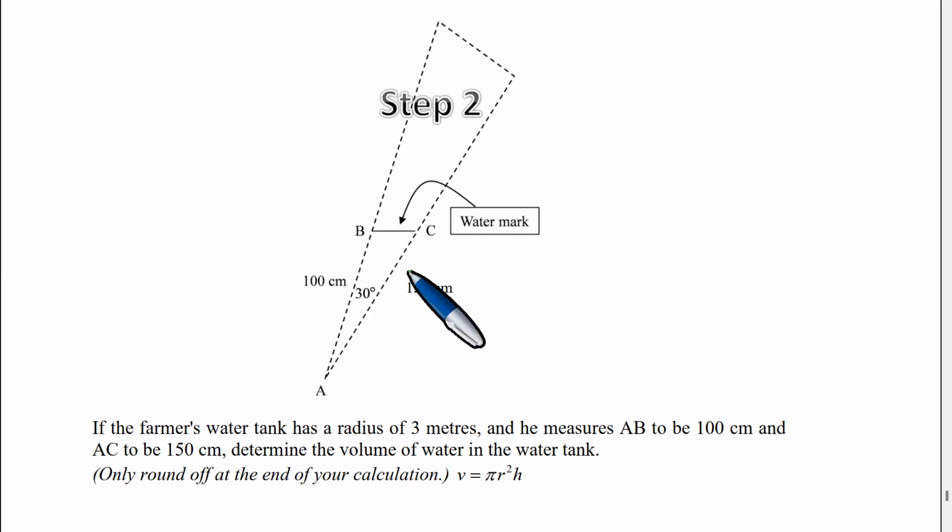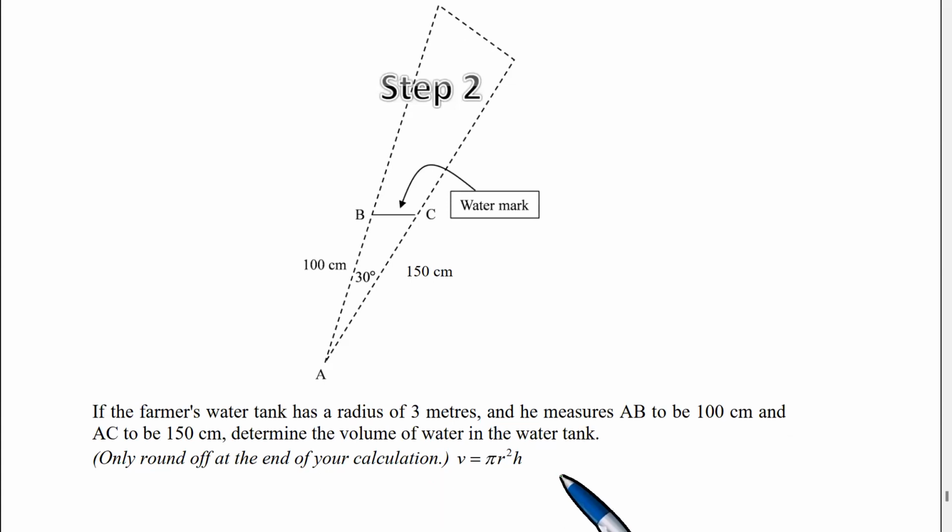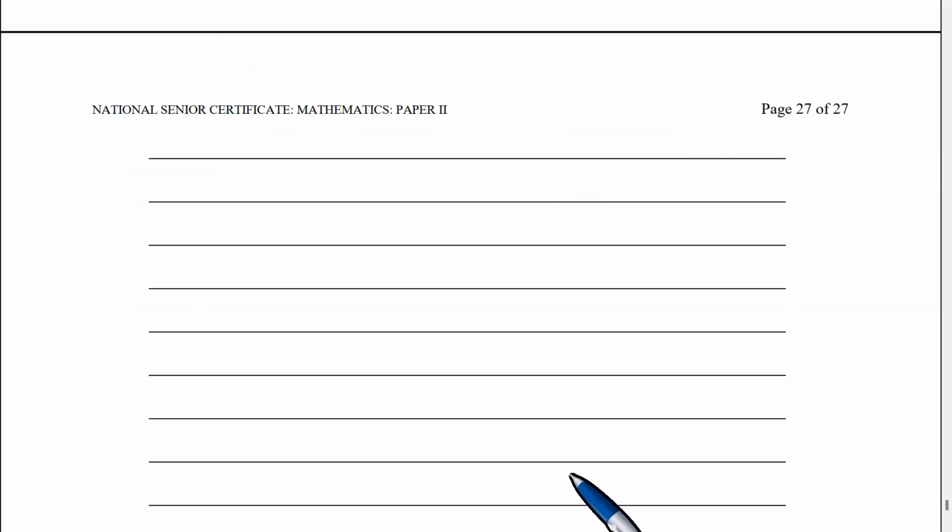AB is 100 and this one is 150. Determine the volume of water in the water tank. Only round off at the end of your calculation. Use volume equals pi r squared h.